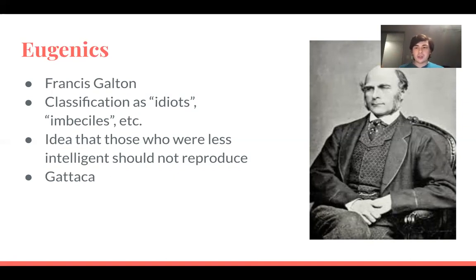We might think of terms like retarded, which is not a very good term to use, but they would even use terms like idiot and imbecile, which we see as joking insults, but they would be actual classifications. If your score was within a certain amount below average, you would be classified as an idiot. If it was even more below average, you'd be classified as an imbecile. These were actual technical terms that they used.